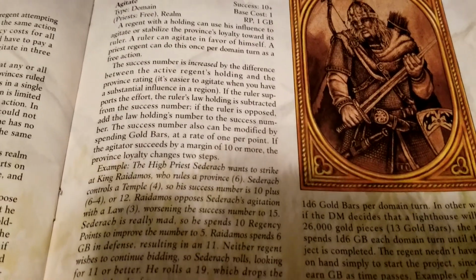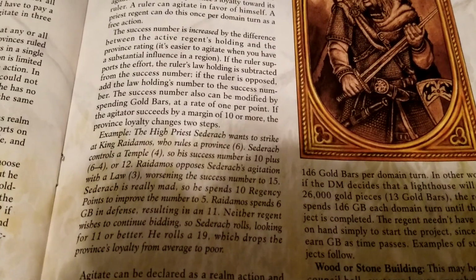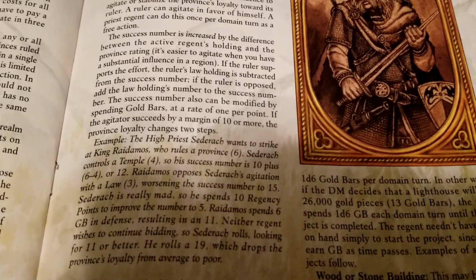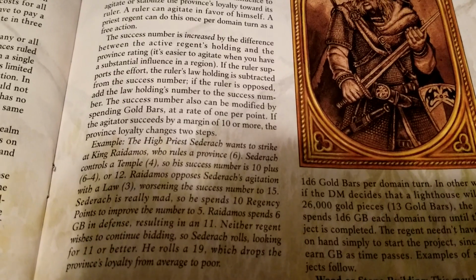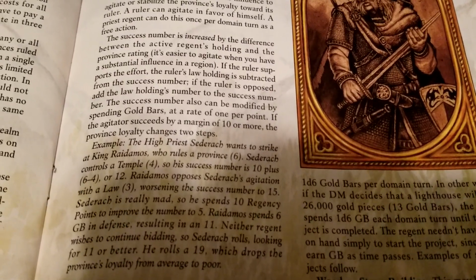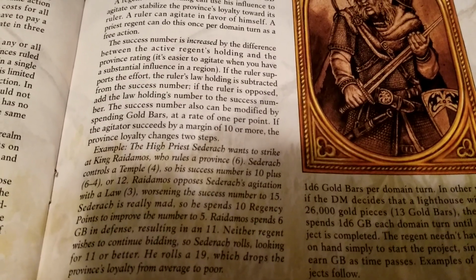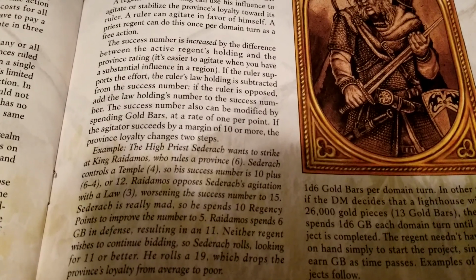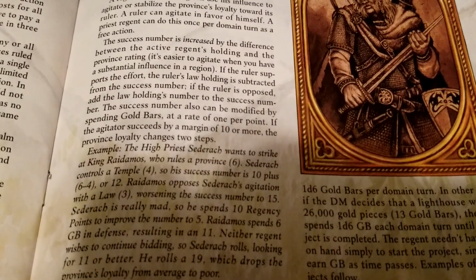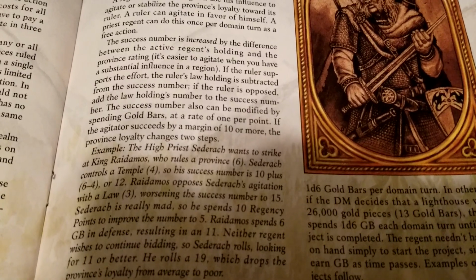And then the success number can also be modified by spending gold bars, right? Hey, spend money to gain influence. Pretty simple concept, right? So spending gold bars at a rate of 1 per point. So it does get pretty expensive if you're wanting to put that number in either your favor or against someone else's favor here. So yeah, very, very expensive, progressively expensive.